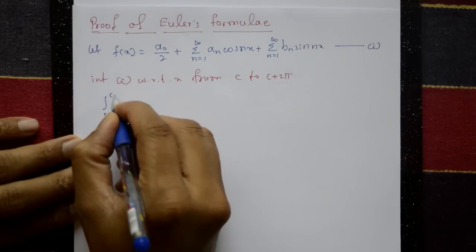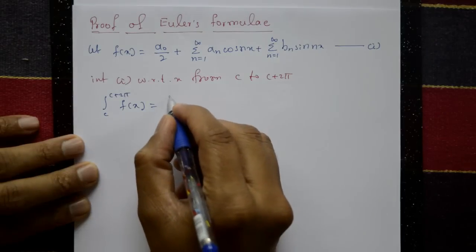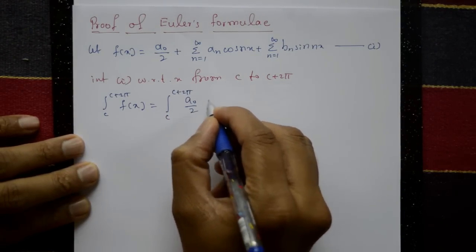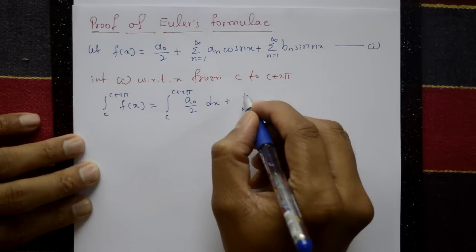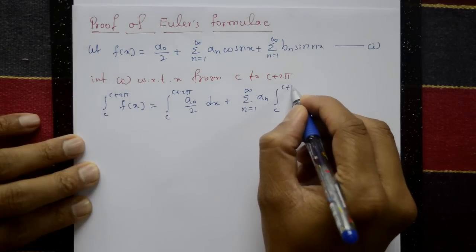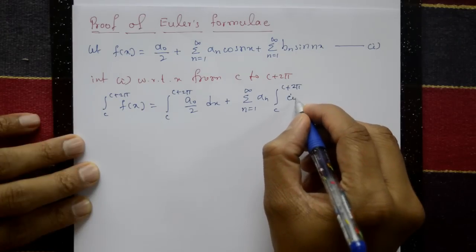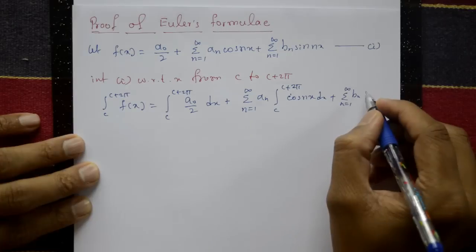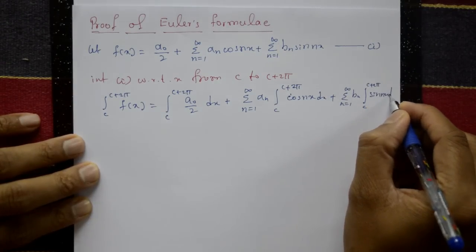Integration from c to c plus 2 pi of f of x, and each of the three terms, again from c to c plus 2 pi: a naught by 2 with respect to x, plus summation n is 1 to infinity, an is a constant outside, integration from c to c plus 2 pi of f of x cos nx... plus summation n is equal to 1 to infinity bn, integration from c to c plus 2 pi of sin nx with respect to x.